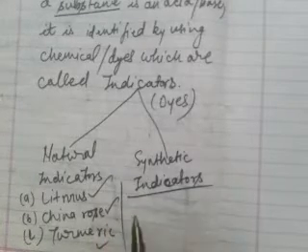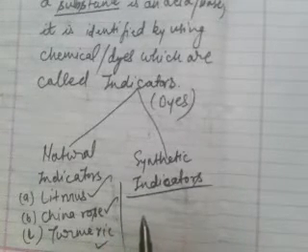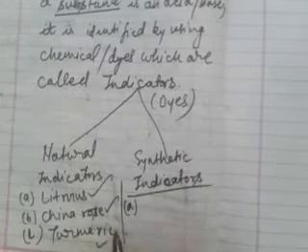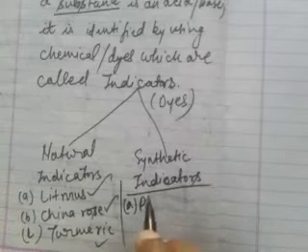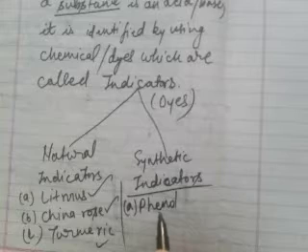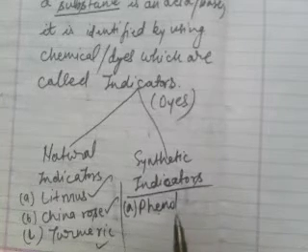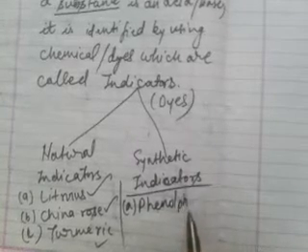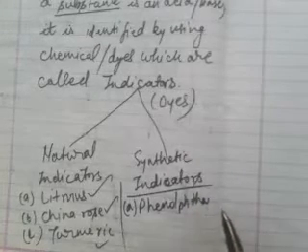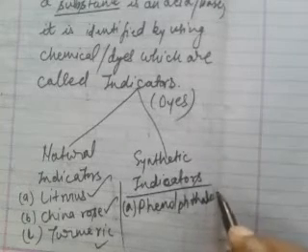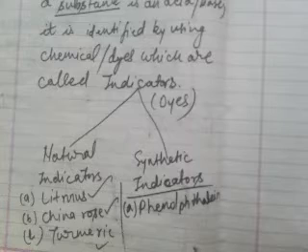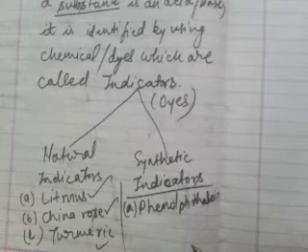One of the synthetic indicators is phenolphthalein. This is a synthetic indicator, meaning it is obtained chemically.